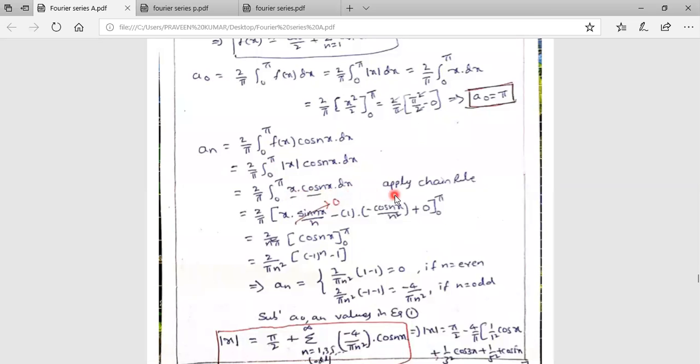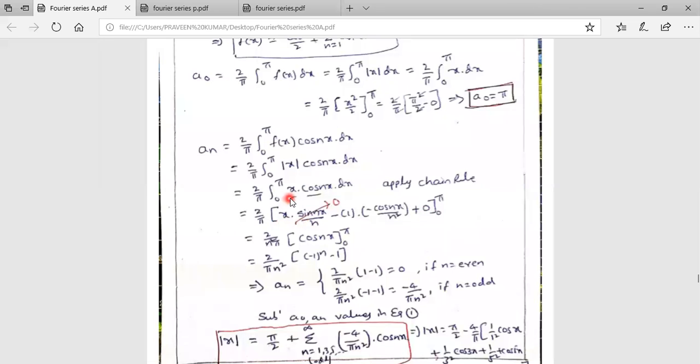Here there are two functions, so we apply the chain rule. So x is nothing but u and cos nx is nothing but v. The chain rule is u v1 minus u dash v2 plus u double dash v3 and so on.